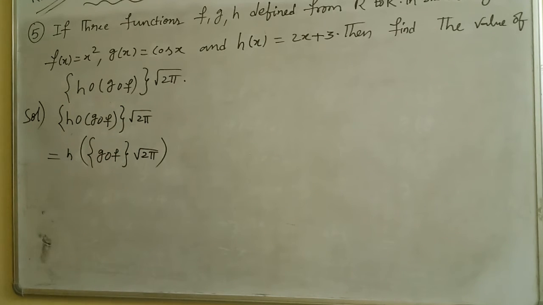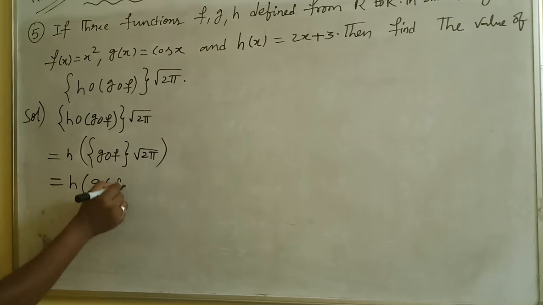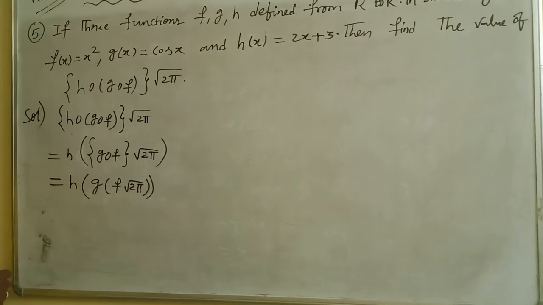You keep it in this way. Then this again you can write as h of, and this bracket part we can write g of f of root 2 pi. So now h of g of f of root 2 pi.